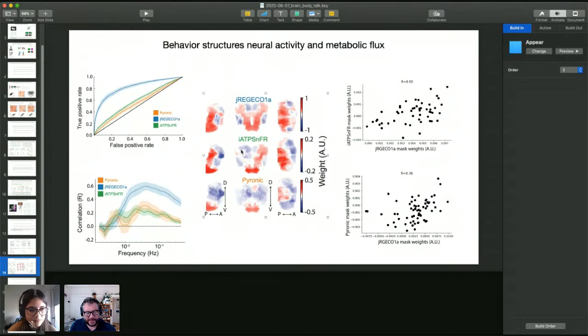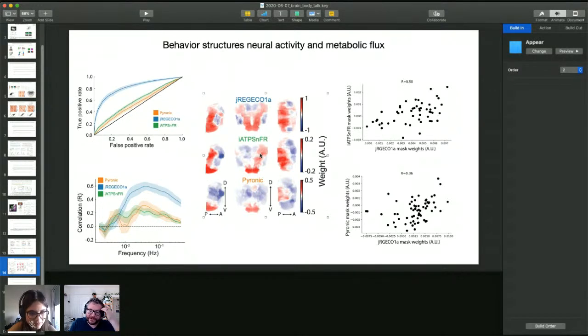Everybody uses that as their neural proxy. And I think our point was that even when you use a fancier sensor with better SNR and faster kinetics, we still see blobs that look more or less like the better proxy for neural activity, but actually it's worse. I'm kind of speaking out of both sides of my mouth here when I say they correspond, but one is better than the other.